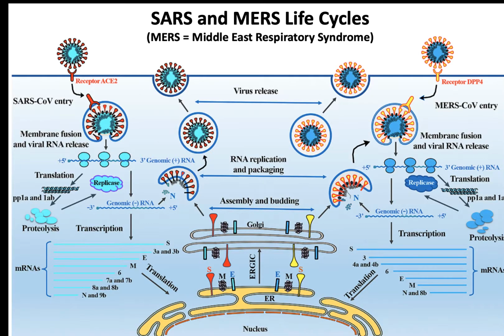Here are the infection cycles for both SARS and MERS, SARS being the severe acute respiratory syndrome, and MERS, the Middle East respiratory syndrome virus. They both become enclosed in a membrane structure, and then they start translation on cytoplasmic ribosomes.